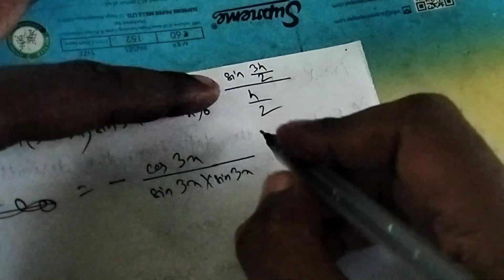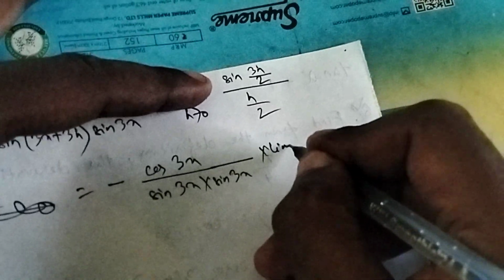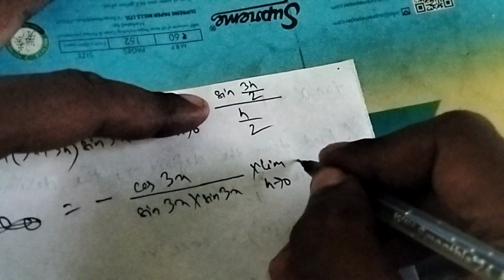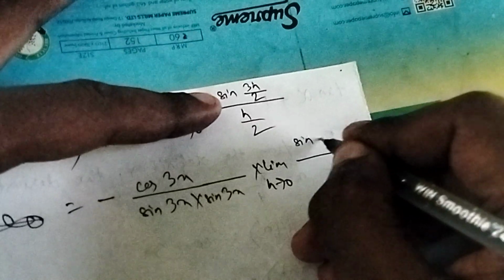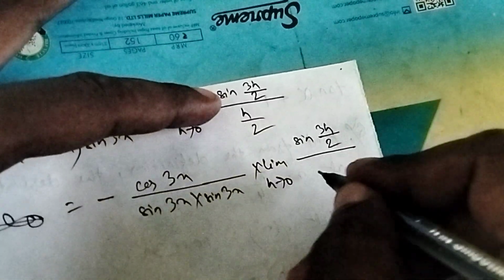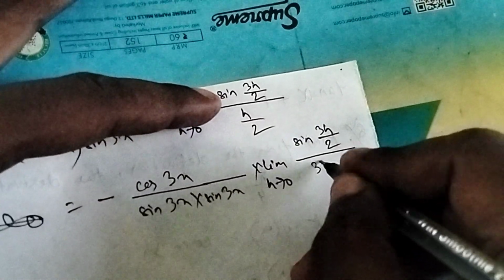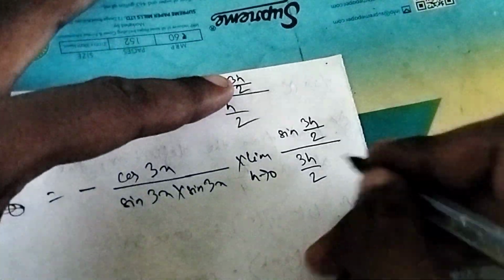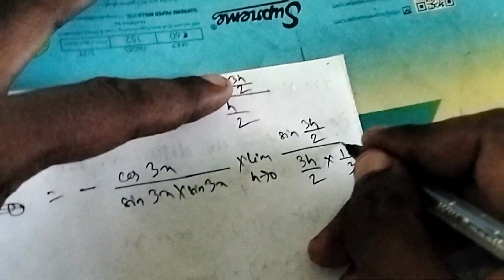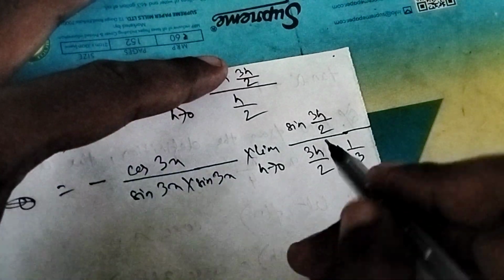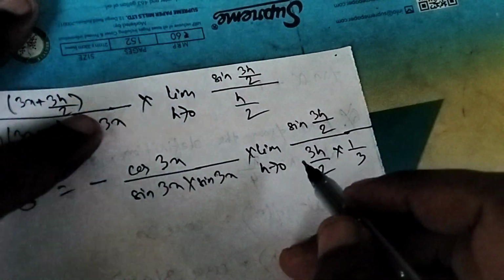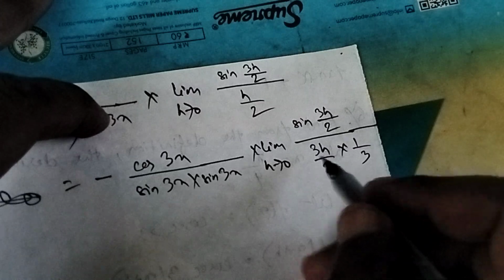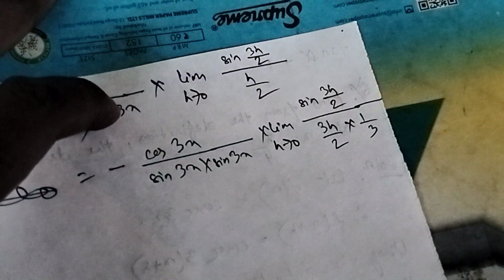Okay, into limit h tends to 0 sine 3h by 2 over 3h by 2 into, it would be 1 by 3. Okay, as we have added 1 by 3 over here, we have multiplied the denominator by 3, so we have to divide by 3 also.